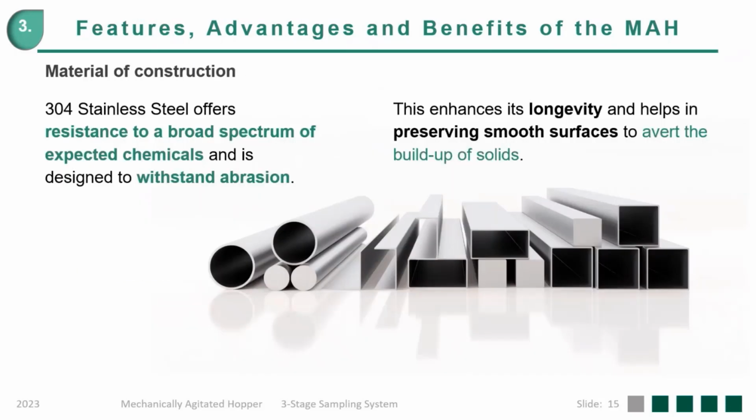The mechanically agitated hopper is made out of 304 stainless steel. This stainless steel offers resistance to a broad spectrum of expected chemicals and is designed to withstand abrasion. The reason for 304 stainless steel is to enhance its longevity and help preserve a smooth surface to avoid build-up of solids.